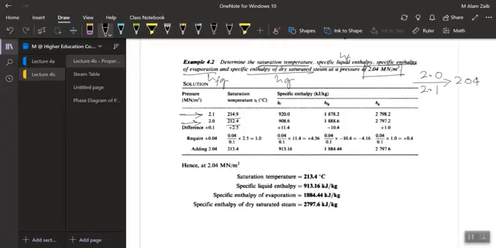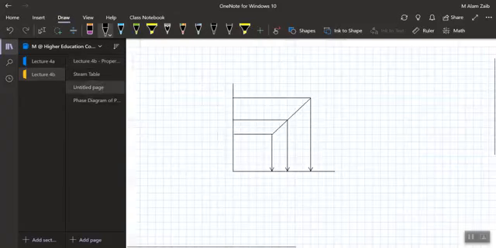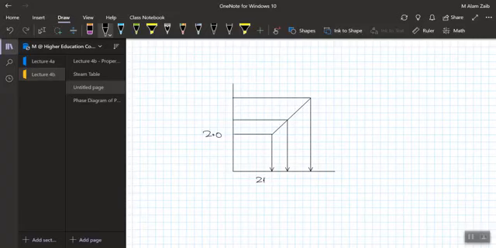Let me write it down somewhere here. 2.0 is 212.4, and at a value of 2.1 we have 214.9, and we are interested in a value of 2.04. That is the value of temperature we need to find out.